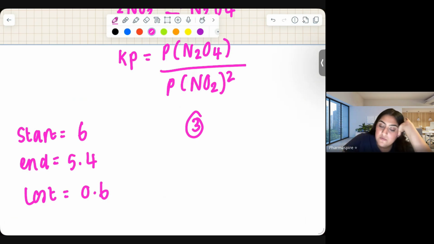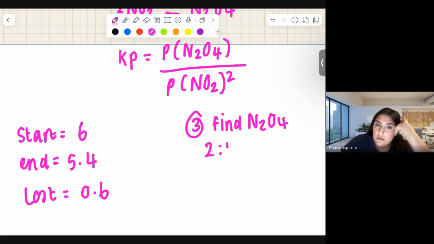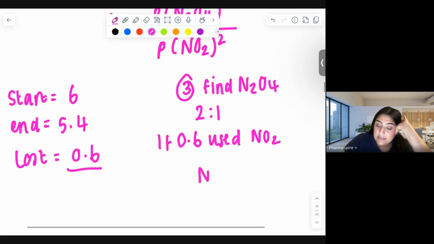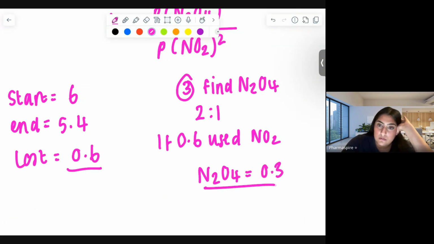So we need to find the amount of N2O4 moles formed. If we look at the equation, the ratio is 2 to 1 between the reactants and the products. So if I used up 0.6 of NO2, that means I technically formed 0.3 moles of N2O4. You guys happy with that?